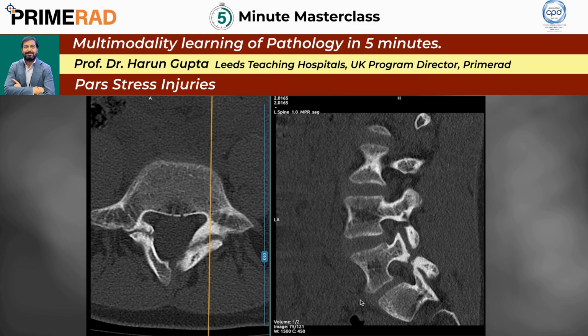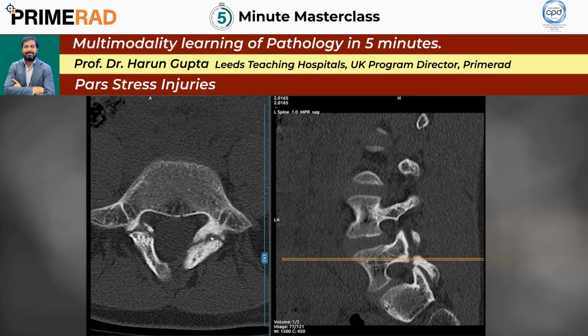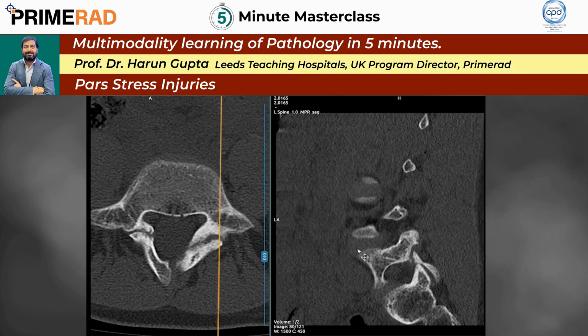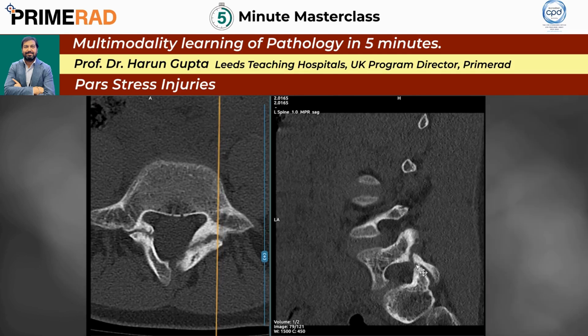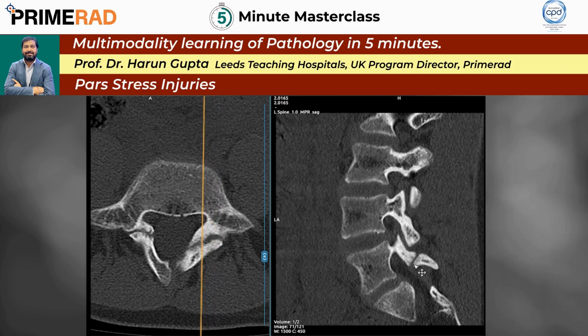So now looking at the CT examination, this is the sagittal reformat and this is the axial sequence. And then when we look at the level of the pars defect, on the left side, this is the pars defect. There is gap within the pars defect. So as we go across that, this is the pars defect, the outer edge. And as we come centrally, this is the pars defect with gap within it.